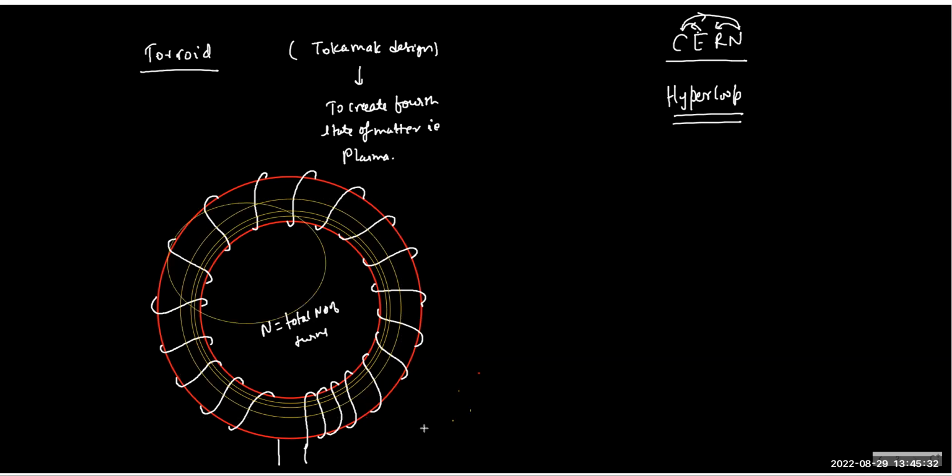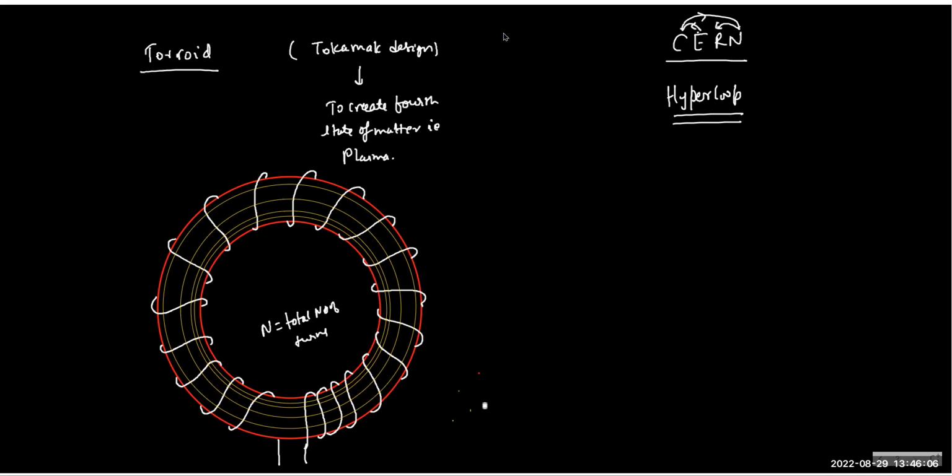Let me draw just a few, not much. So a toroid is known for creating a non-uniform but circular magnetic field.